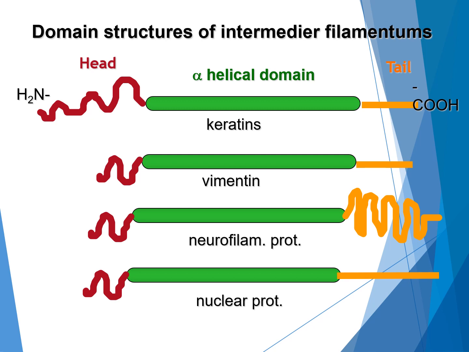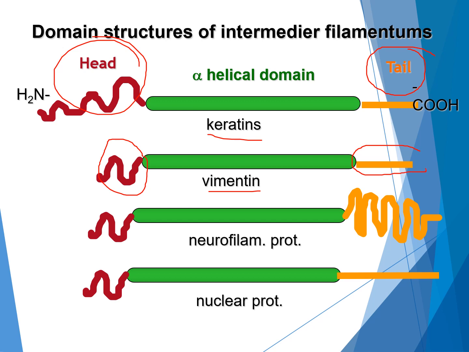The domain structure of the intermediate filaments, you need to know this as well, because it has a head and also a tail, just like in keratin. But vimentin has the head, but the tail is very short.